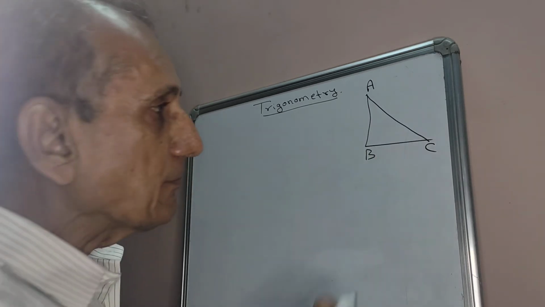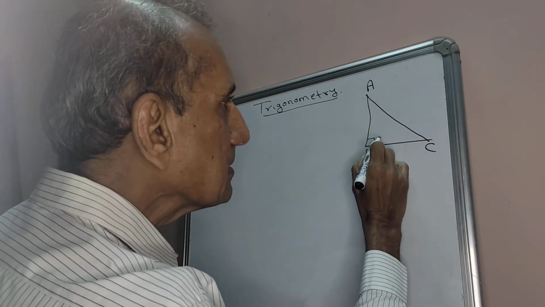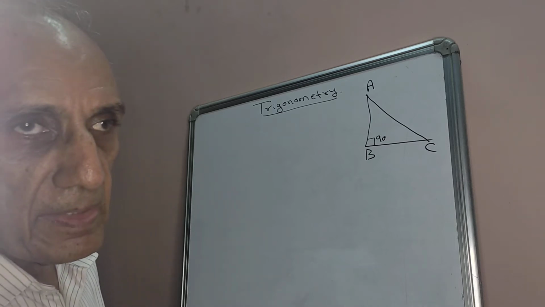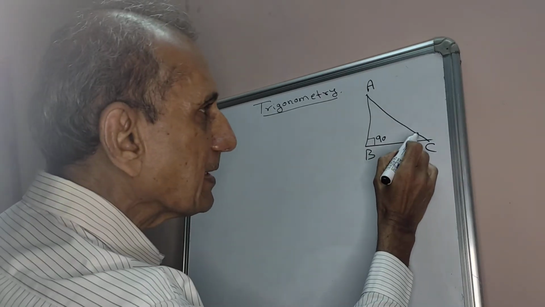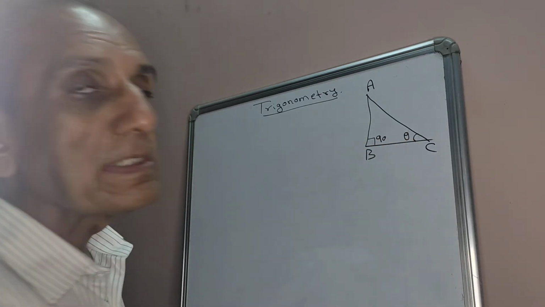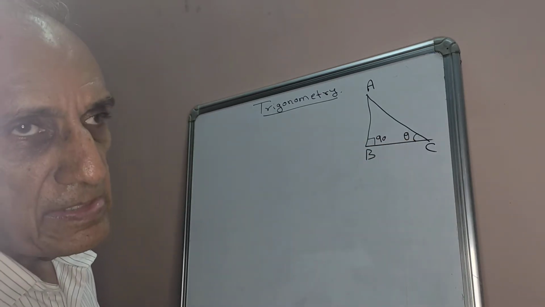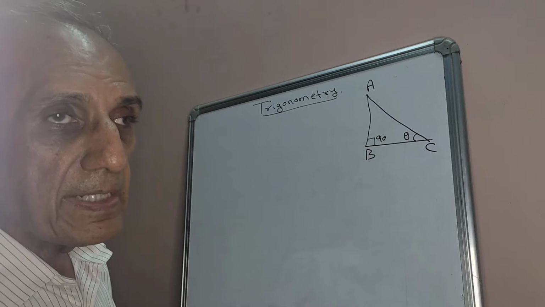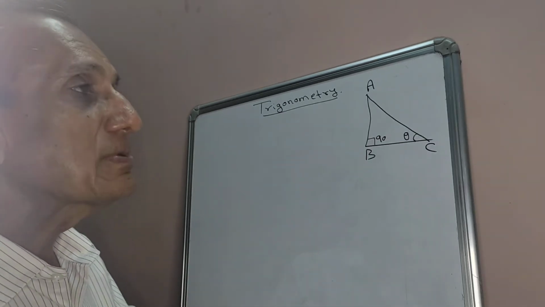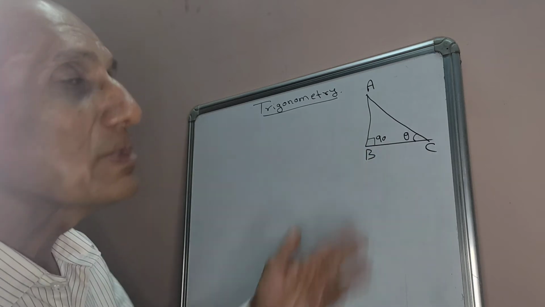So right angle triangle, we all know that angle B is 90 degrees. Now this angle we will take as theta. Theta is a Greek alphabet. So alpha, beta, gamma, delta, all those are Greek alphabets. So normally in trigonometry we use theta mostly.